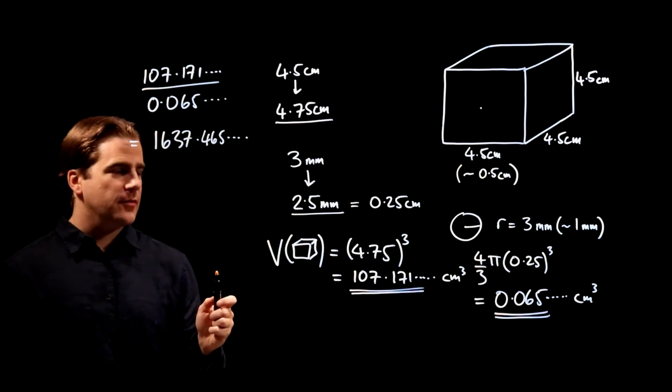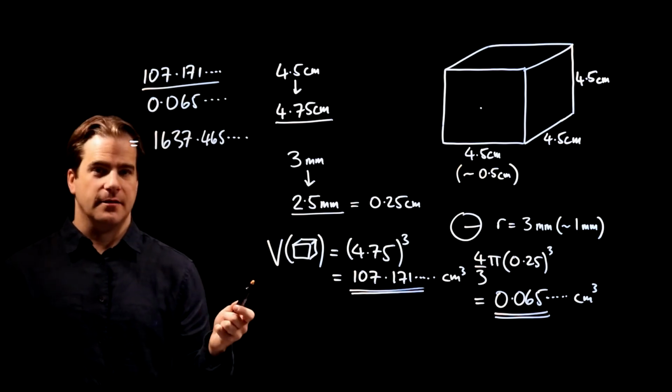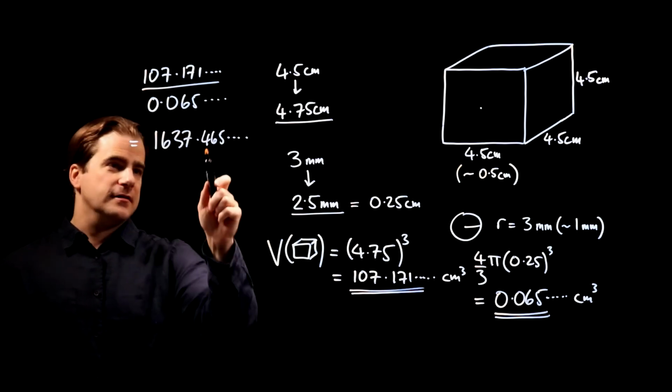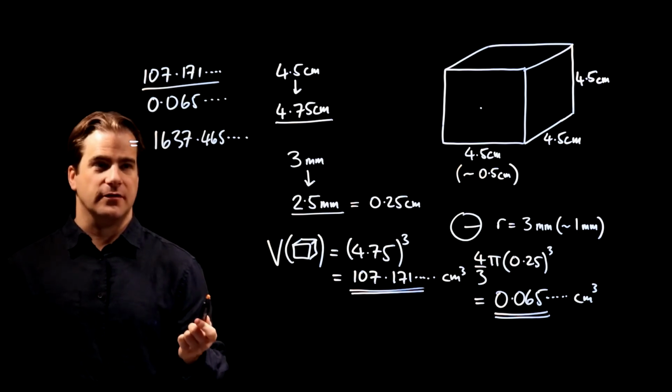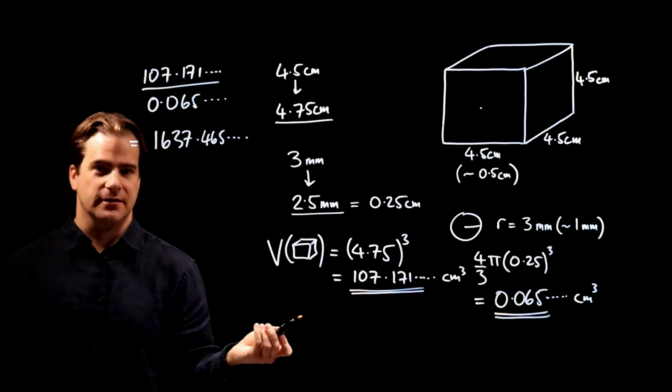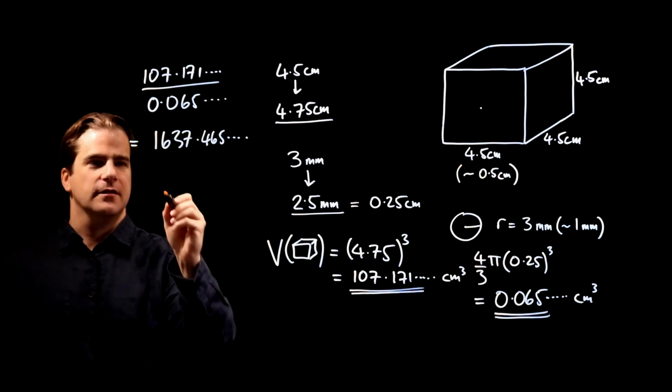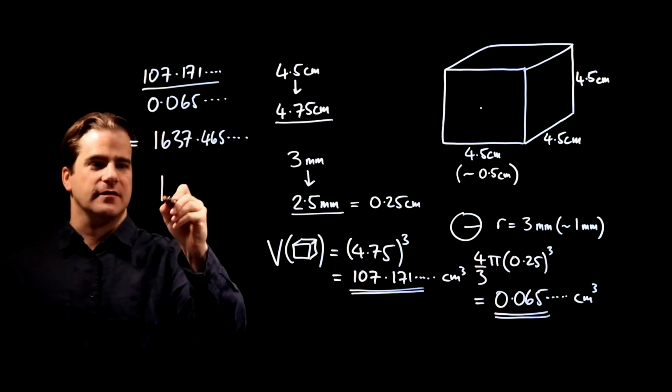It wants the maximum number of spheres we can make, which means we can't have 0.465 of a sphere, so we're looking for an integer answer. So it's 1637.